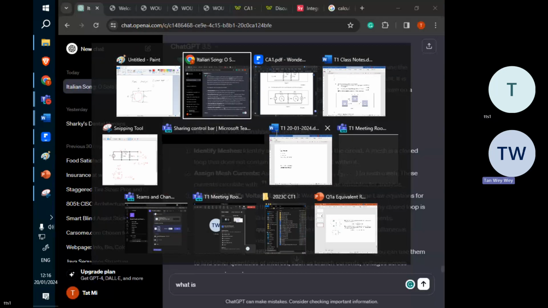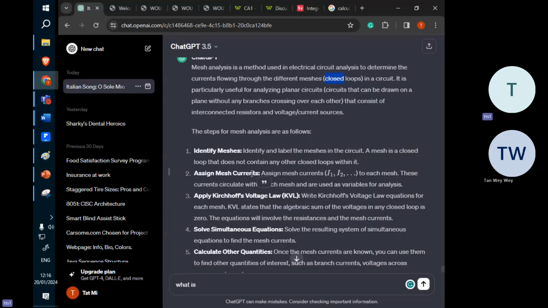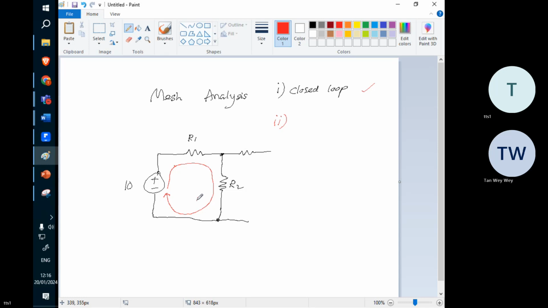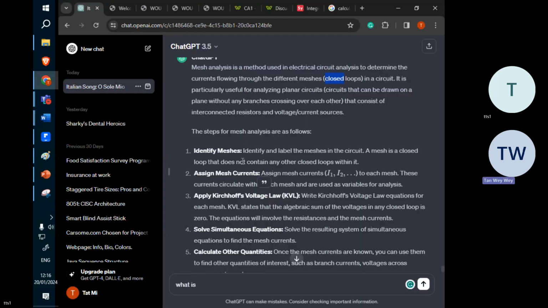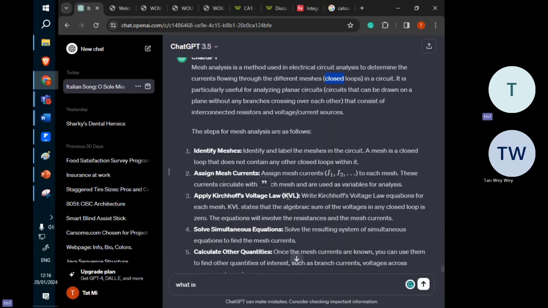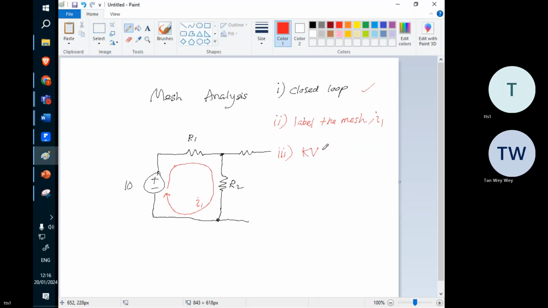Point number 2, you must label it I1 and I2. Okay, let's do it, I1, I2. So let's label it I1. Okay, now next, you must use the KVL, Kirchhoff's voltage law.